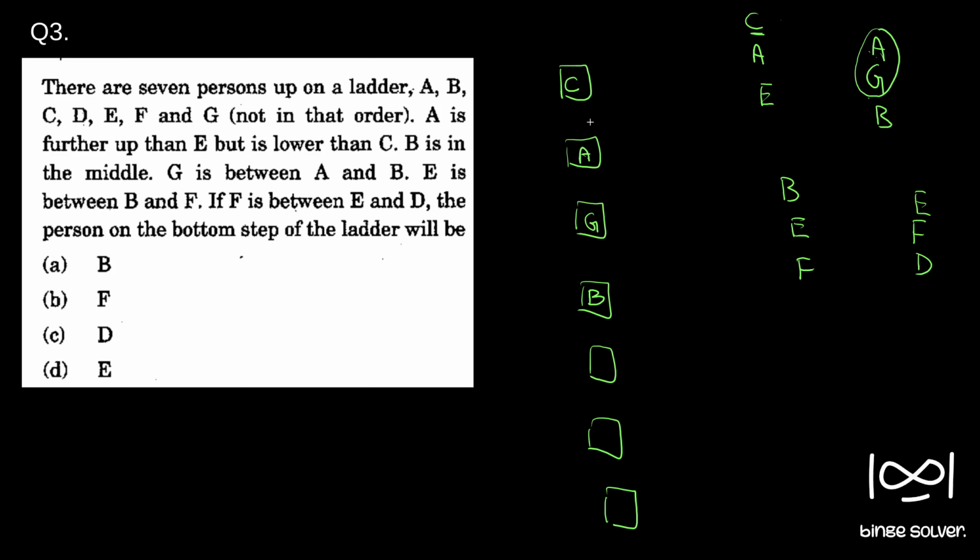Only 3 elements are there, so we can fill in C, A, G. Now below B there has to be E and F, and below E and F there has to be D also. So the only combination possible is E, F, D. So all that is filled now.